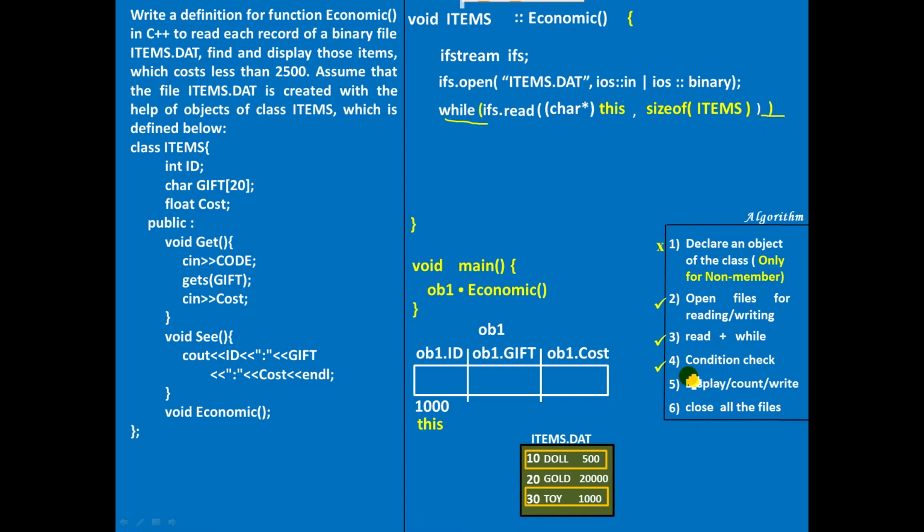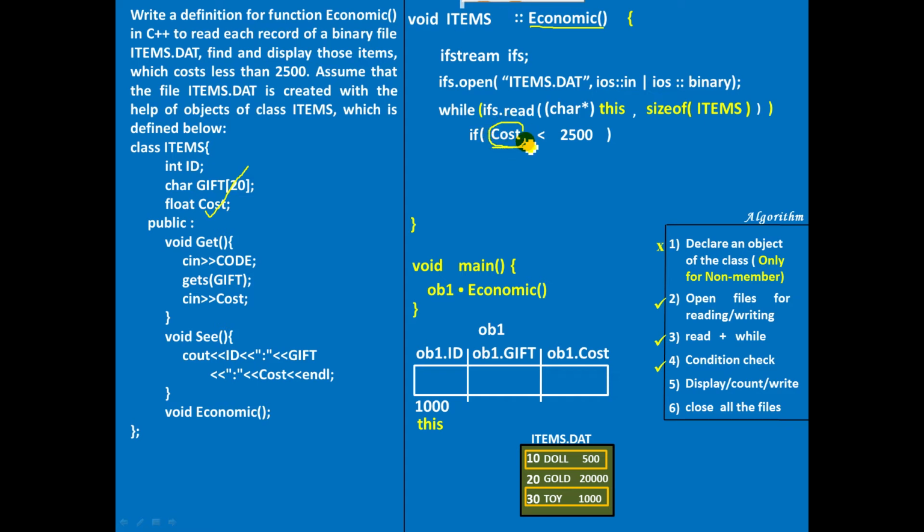Now the fourth one, condition checking. That is, if the cost is less than 2500, it must be displayed. So condition, if the cost is less than 2500. Here no need to write ob1.cost, and the reason is inside a member function programmer will write only name of the data member.